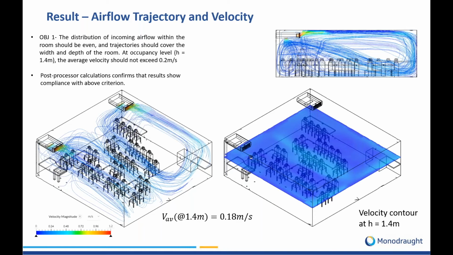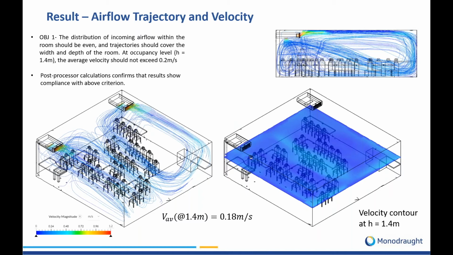So the results, looking specifically at objective 1, where we want the average velocity to be below 0.2 meters per second. As you can see from the results, we were able to extract both visual and specific data in terms of being able to read what was going on.